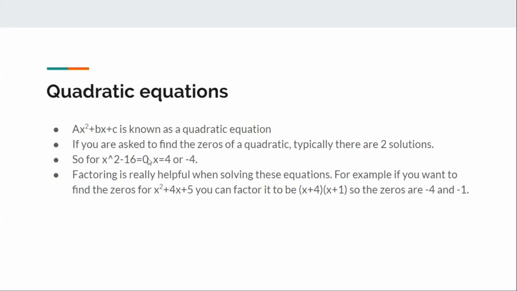Factoring is really helpful when solving these equations. For example, if you want to find the zeros for x squared plus 5x plus 4, you can simply factor that. Sorry, I messed this part up.